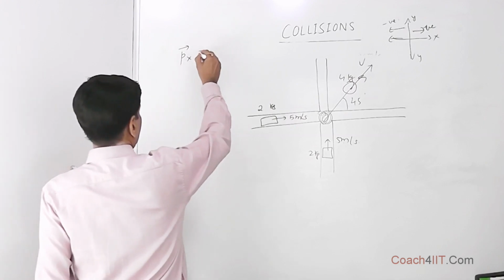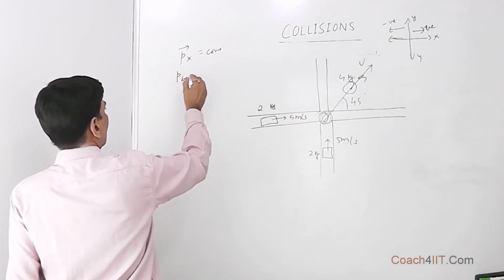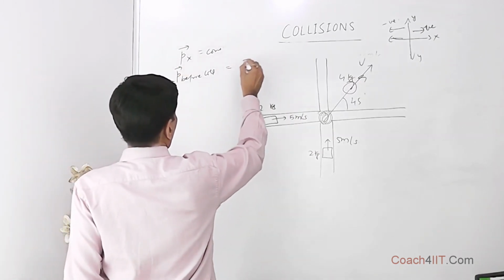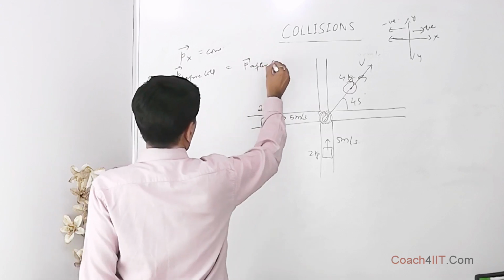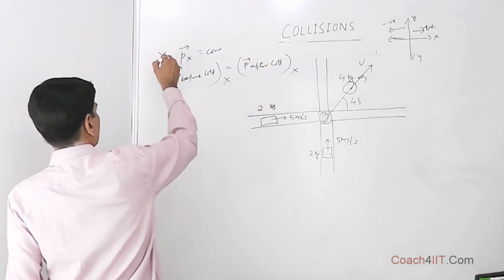Momentum along the x-axis is conserved. So momentum before collision is equal to momentum after collision along the x-axis. We are talking about the x-axis now.